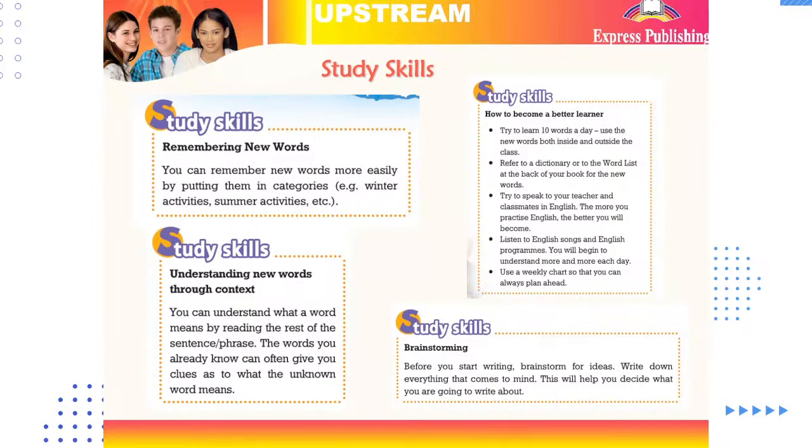Things like brainstorming, for example, how to plan for a written task or even for a presentation. For example, we also have, we can see here, tips on how to become a better learner. So, for example, trying to learn 10 words a day, or trying to speak to your teacher and classmates in English. These study skills are here primarily to help the learners and help them to develop into more independent, autonomous, and confident learners. And these are sections that you can find throughout our Upstream series.